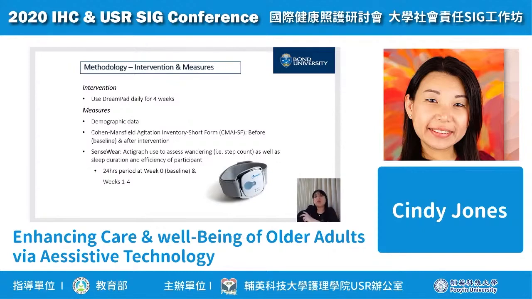Now, we asked participants to wear the SenseWear for a 24-hour period once in baseline week and also once in each week of the intervention. So all up is basically 5 recordings of 24 hours, 1 per week, including baseline.